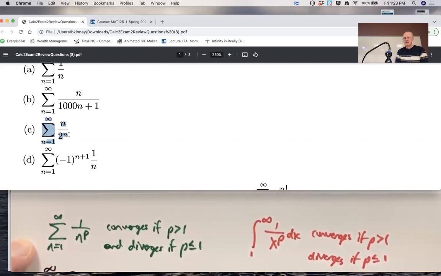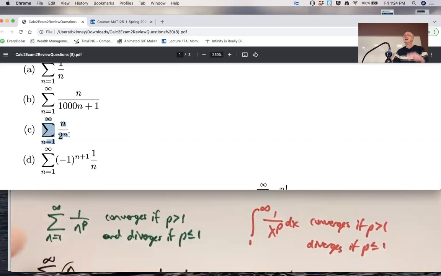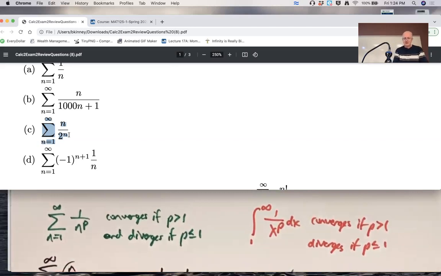We know the p-series converges if p is bigger than 1 and diverges if p is less than or equal to 1. The ratio test is not helpful there. Best thing to do in that example is to consider the integral test.